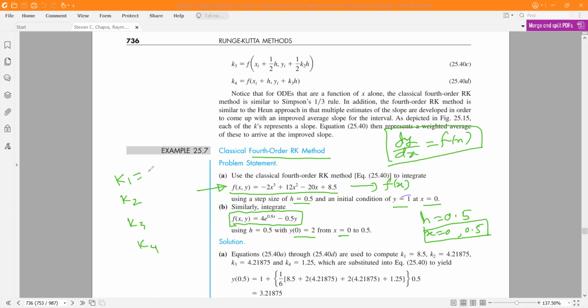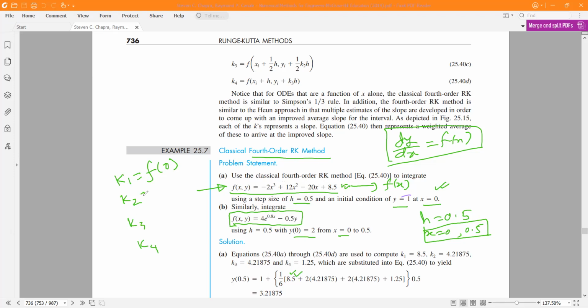K1 would be equal to F at the initial point. In our case, the initial point was x equal to 0, so you calculate F0. Simply put x equal to 0 there, and you will find your K1.